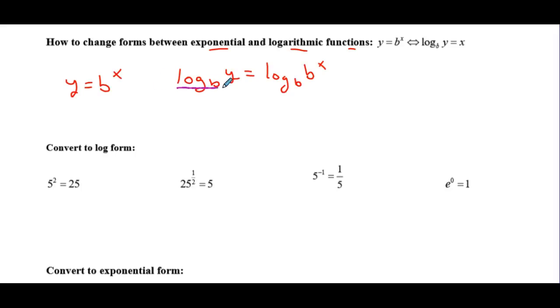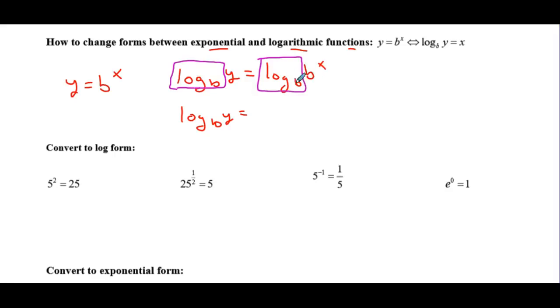I've added this to this side, and I've added this to this side. I've taken the log of both sides.